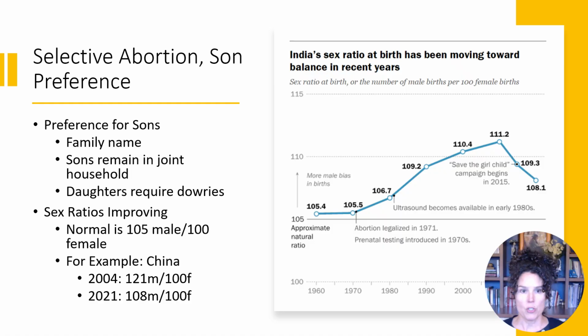The picture there shows India's sex ratio, and you can see that once abortion was legalized, and ultrasound to determine the sex became available, then the sex ratio became fairly imbalanced. And then with campaigns by UNICEF and the World Health Organization, now we're seeing the sex ratio become more balanced.